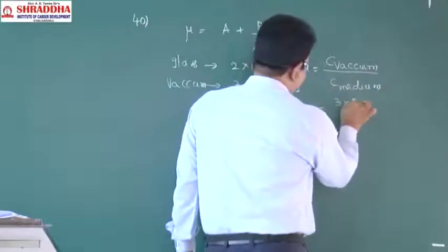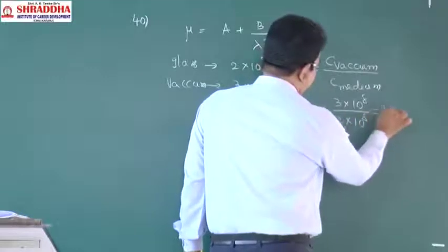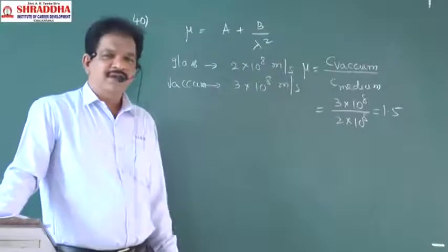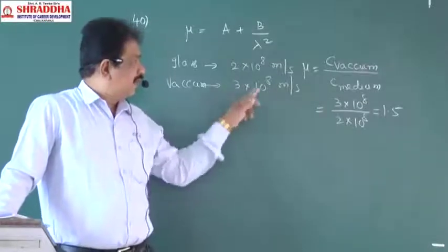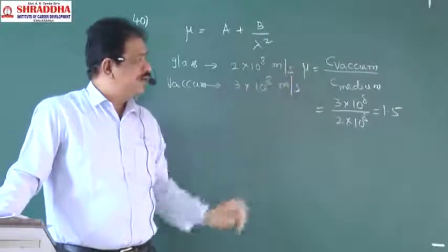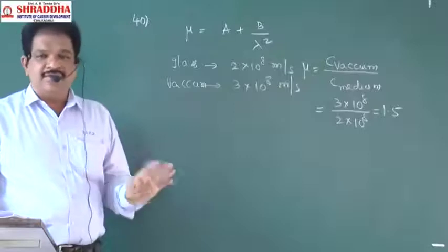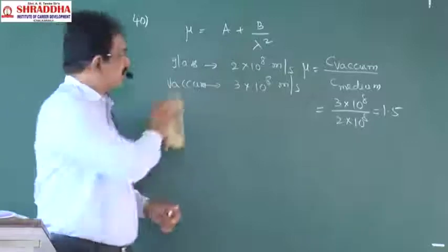So this value, 3 into 10 power 8 by 2 into 10 power 8, is equal to 1.5. Clear? My point is understanding? So refractive index is the ratio between two velocities. It does not have any unit, it does not have any dimensions.